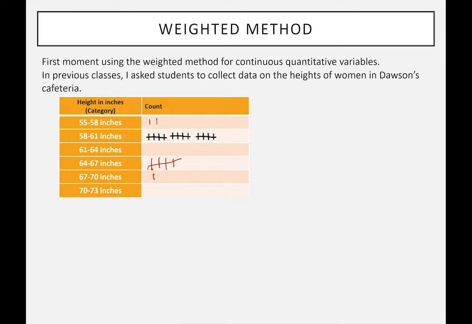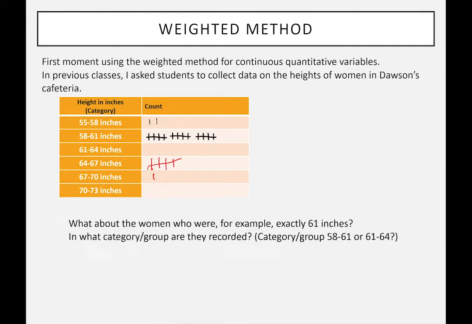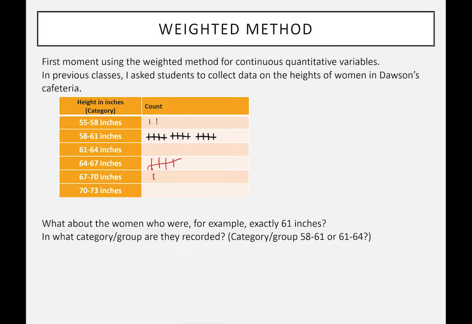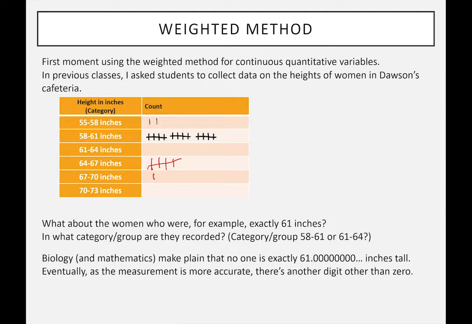Now, you might ask the first question, well, what happens if somebody is exactly, let's say, 58 inches tall? What category do you put them in? I want to clarify this a little bit: nobody is exactly 61 inches, for example, because literally that would mean that they're 61.0000, and at some point there's going to be a digit 1, 2, or a little bit below, so it'd be like 60.999, something like that.